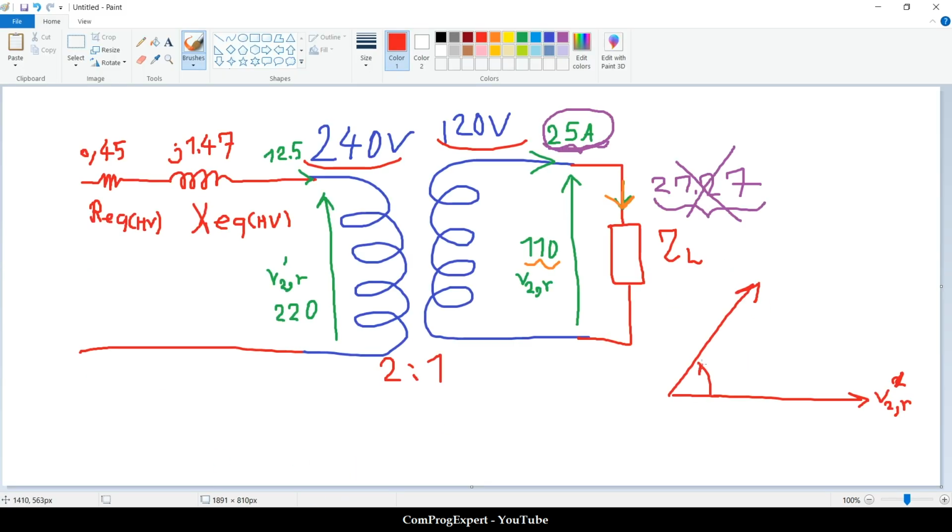25.84. This is I2 prime for the full load, that is equal to I1 for the full load. The current that we have in the primary winding, I1 for the full load condition.